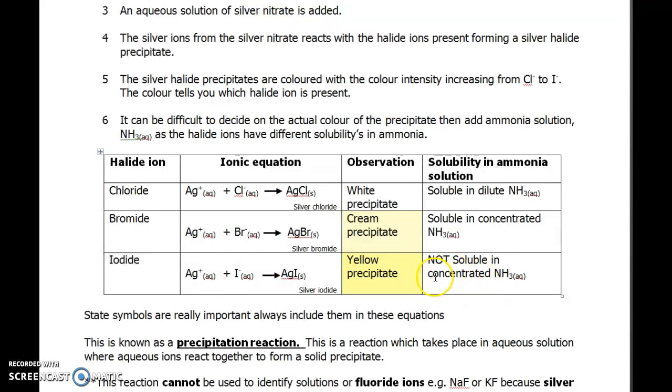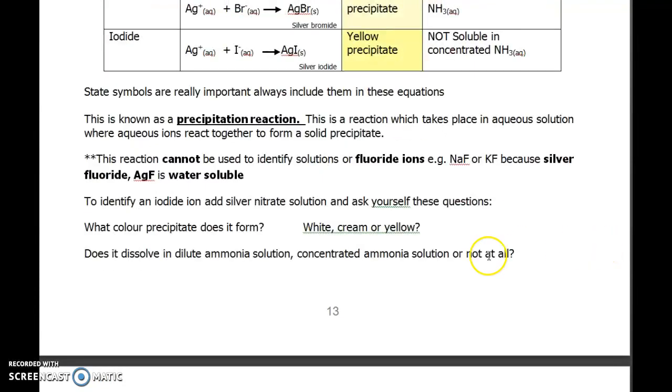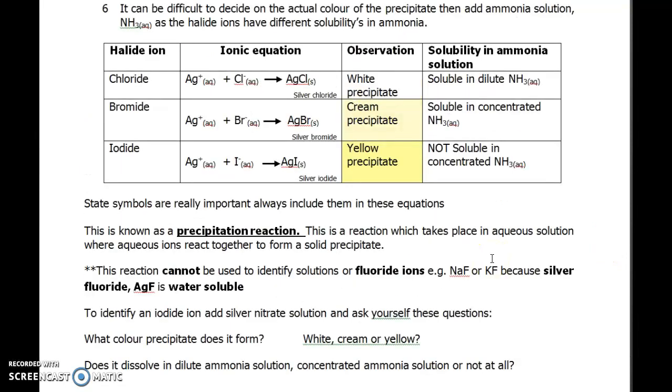If you have been asked to write an ionic equation, it's important to use the state symbols to show that you understand that you are mixing two solutions together and you're forming a precipitate which is a solid. Now, a favourite question of the examiners also around this is the reaction of fluoride ions.